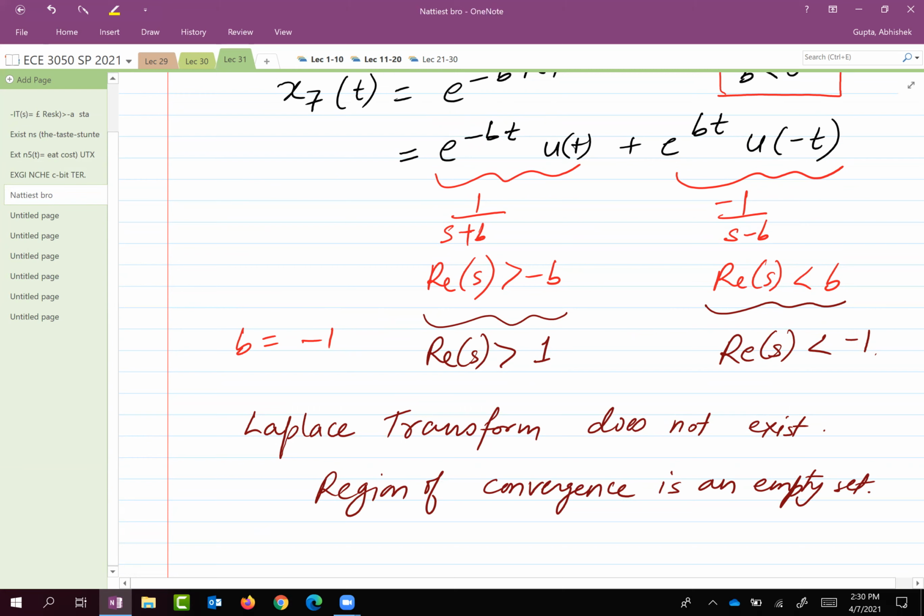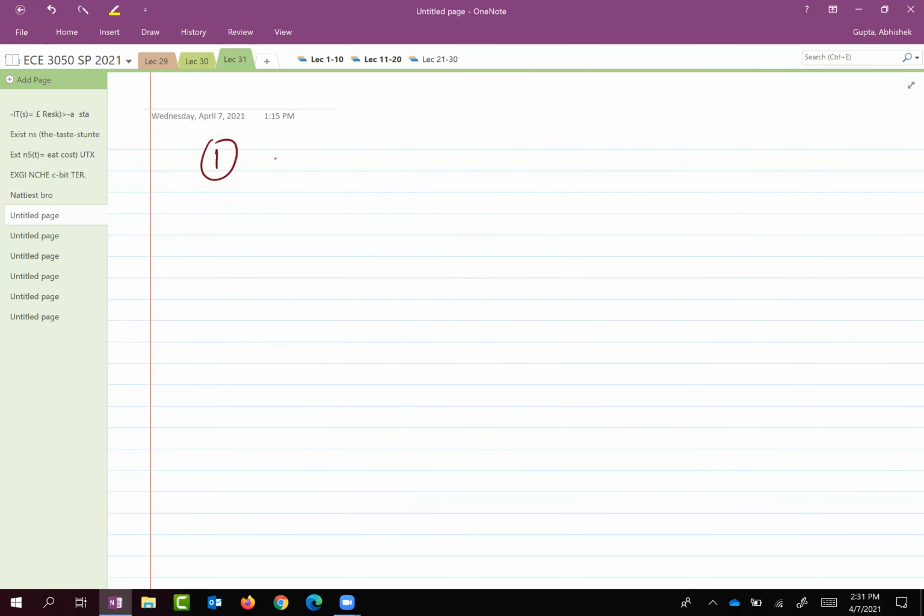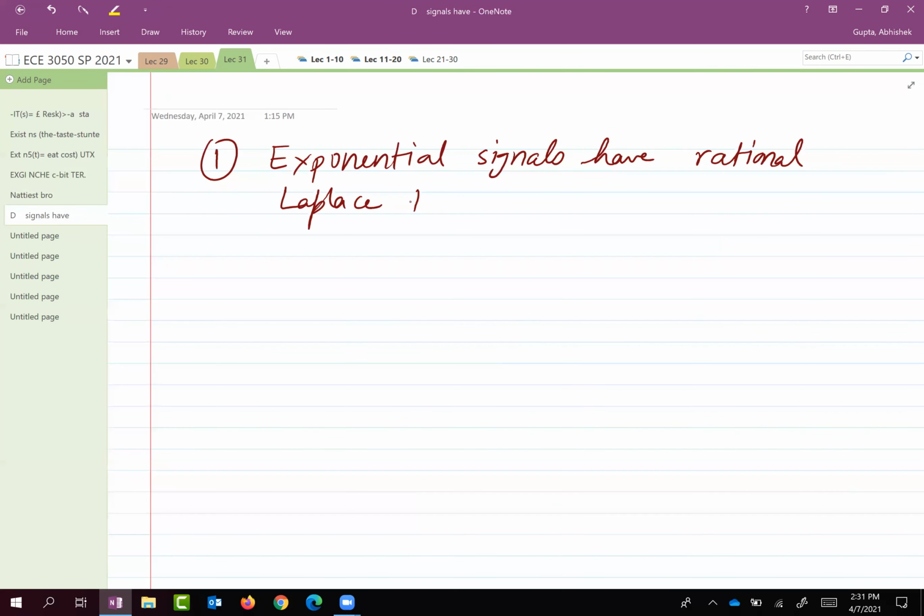And what we have noticed in all these examples, so we talked about example 1 through 7, and in all these examples, assuming the Laplace transform exists, we have noticed that exponential signals have rational Laplace transform. So that's number one.